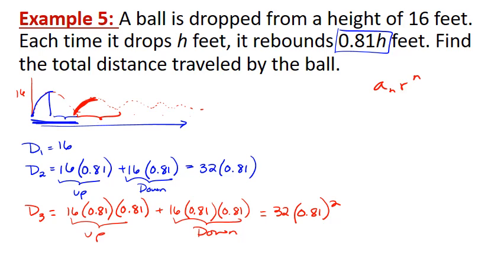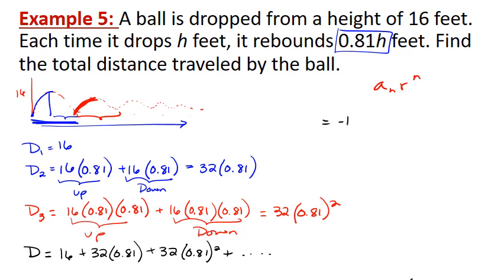So this becomes, adding all of these together, 16 plus this plus this, on and on and on. Well, how can we write this? Now, we want to be careful with this first distance, because really we don't want that first distance.